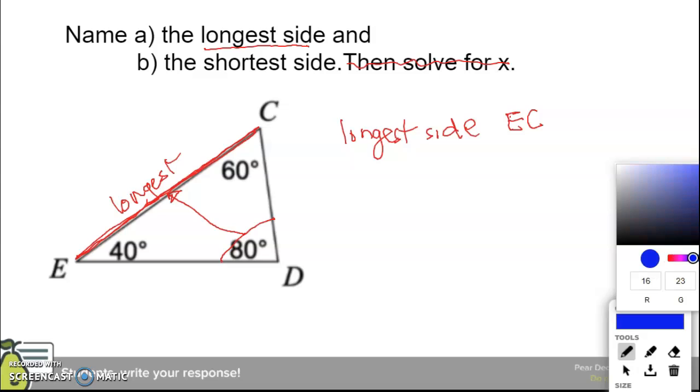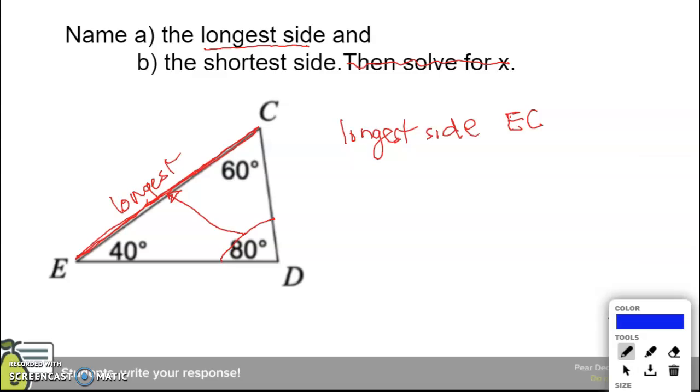Okay, what about the shorter side? The shorter side is going to be across from the smallest angle. Which is the smallest angle? 40, 60, 80. This is my smallest angle, so the side across from it is my shortest. We are referring to this side. How do we call that? We use the vertices CD.